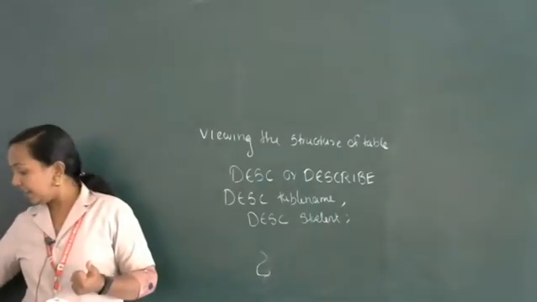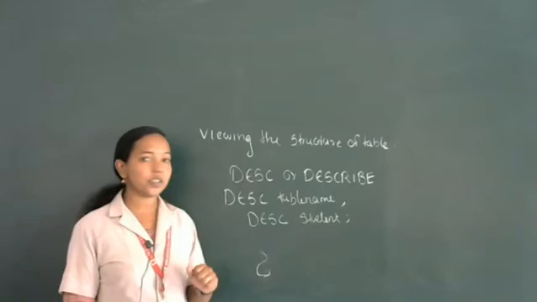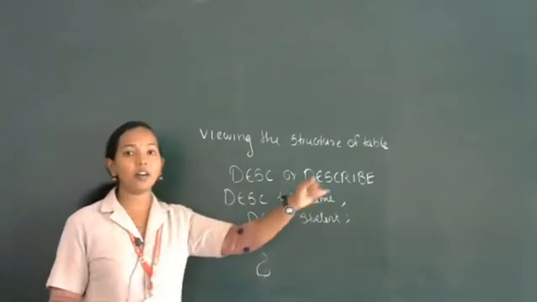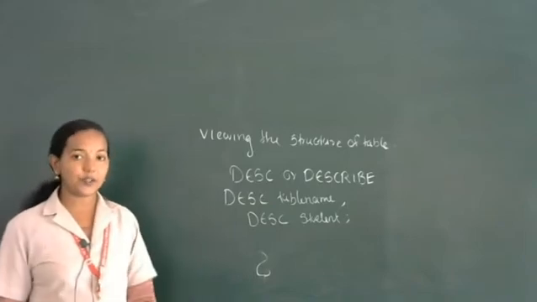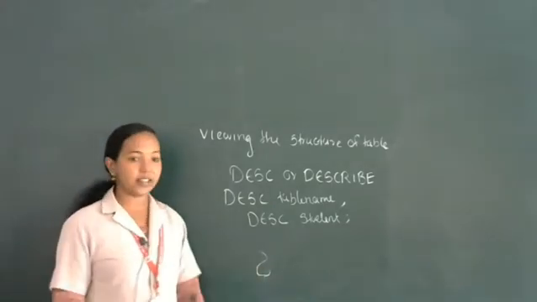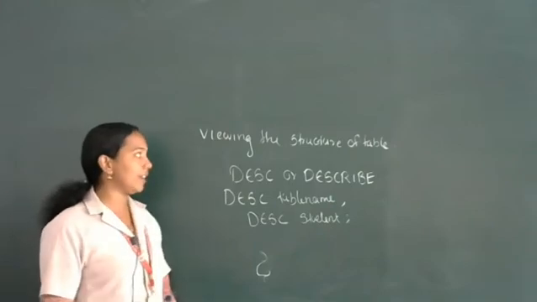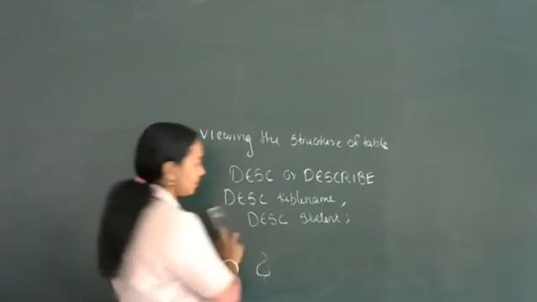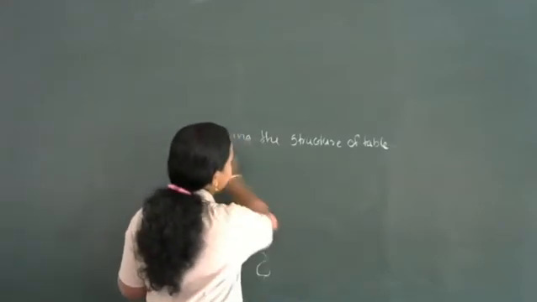So once the table is created, we can use the DESC or describe command. Okay, so hope you understood. It is clear to you how we use the DESC or describe command. Clear?